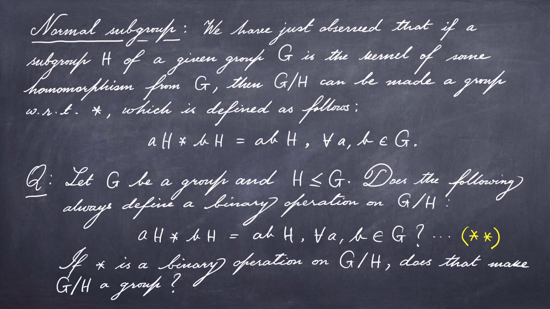Okay, so the question that we are going to ask, we will put in generality. If G is a group and H is a subgroup, does the following always define a binary operation on the set of all left cosets?